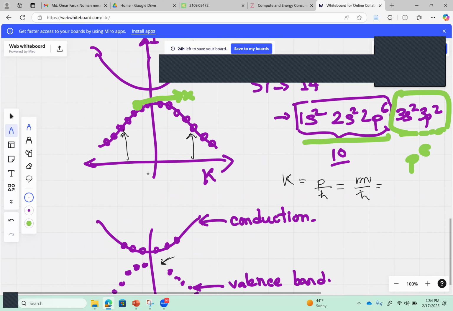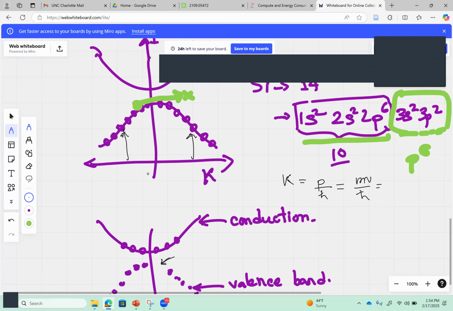So positive K means positive velocity and negative K means negative velocity. So if I have both positive and negative K states filled up by electrons, that means there is no net velocity of electrons. There are equal numbers of electrons going from left to right and from right to left.